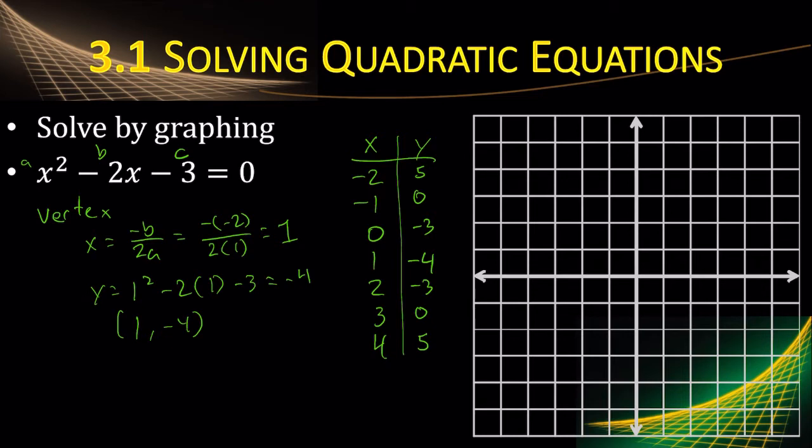So I have negative 2, 5, negative 1, 0, 0, negative 3, 1, negative 4, 2, negative 3, 3, 0, and 4, 5. Then I can draw a nice parabola through those points.